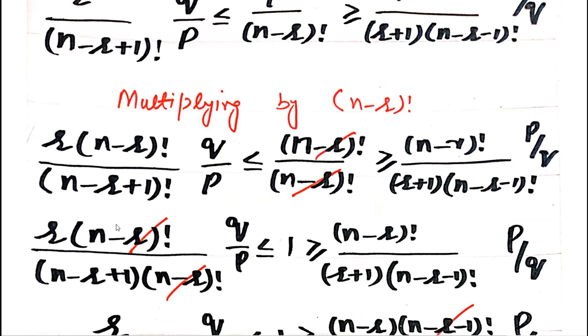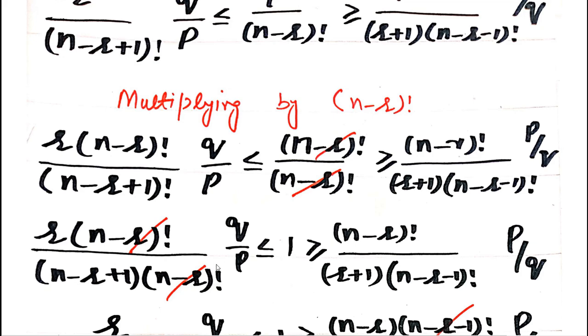And now we minimize r (n minus r) factorial, n minus r plus 1, decrease it by one term by using the factorial formula, n minus r plus 1 minus 1. This minus 1 and plus 1 cancel, we are left with (n minus r) factorial because we decreased this term by 1.